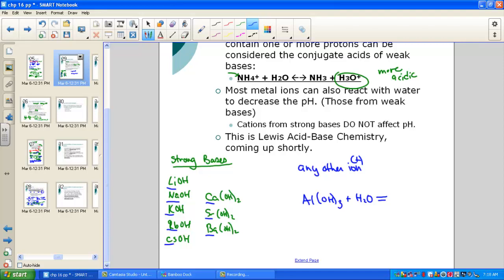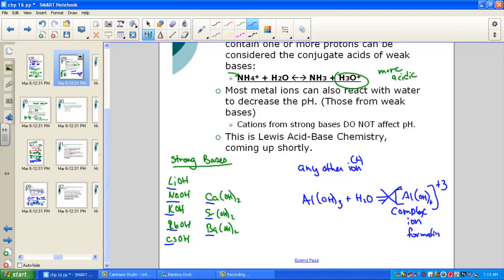So at this point, I'm not really comfortable sharing the Lewis theory. Let me just end it this way. This is beyond us at this point, but it's coming, a complex ion formation. I mean, it's not something that's terribly hard. It's Al(OH)3, take the charge and double it. So we end up with 6, and we end up with a +3 charge.